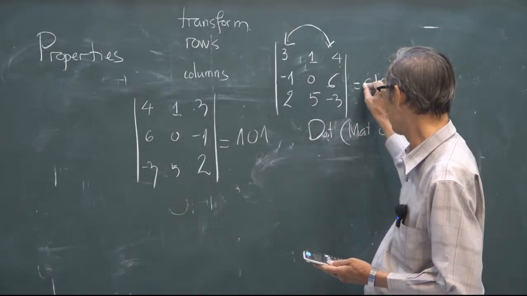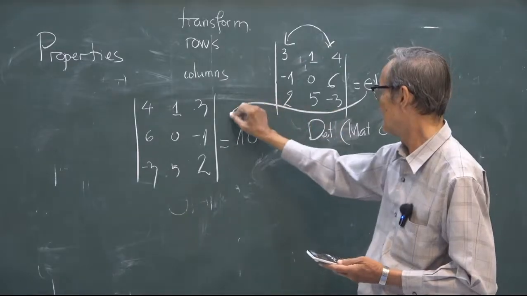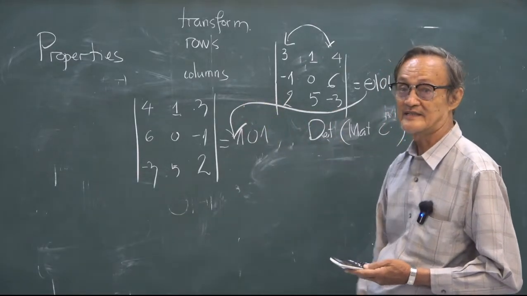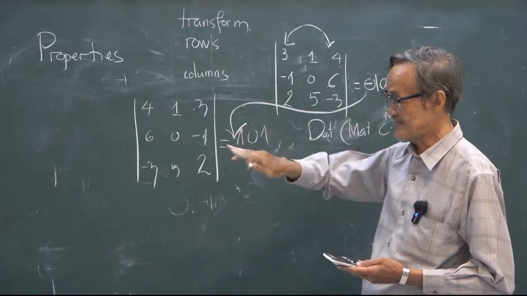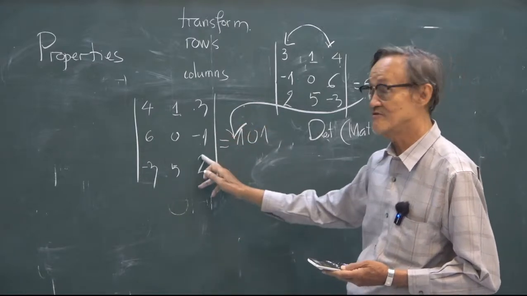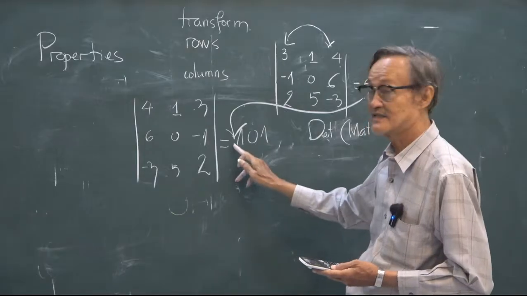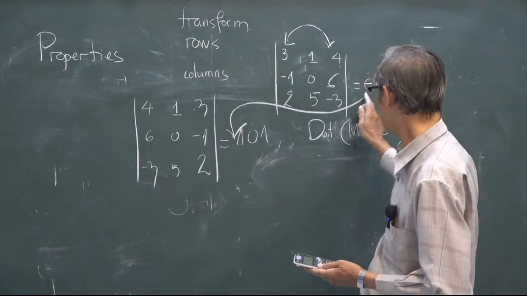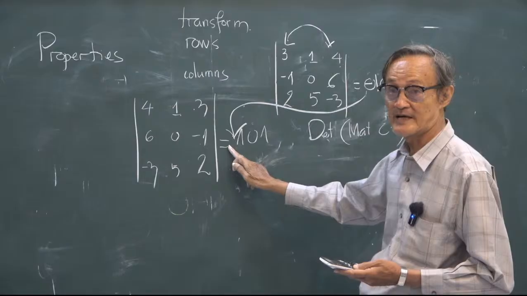Alter the sign. Okay, if we exchange two rows or two columns, the result is altered in sign. Minus becomes plus.